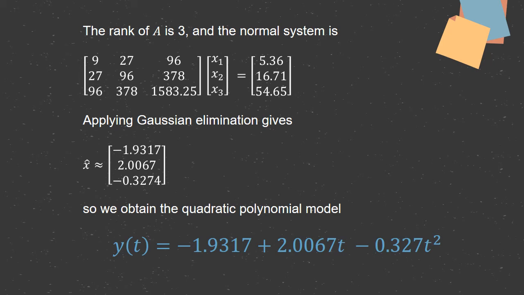Applying Gaussian elimination, we arrive at negative 1.9317, 2.0067, and negative 0.3274. So we obtain a quadratic polynomial model of y of t = negative 1.9317 + 2.0067 t minus 0.327 t squared.